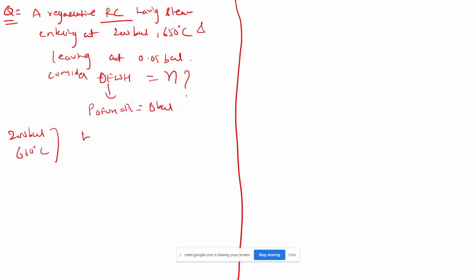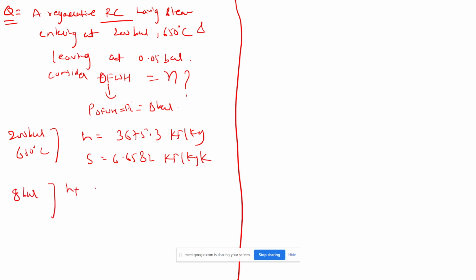At 200 bar and 650 degrees Celsius, what is the enthalpy value? 3675.3 kilojoule per kg, and entropy 6.6582 kilojoule per kg Kelvin. At 8 bar, the values of SF and SFG.